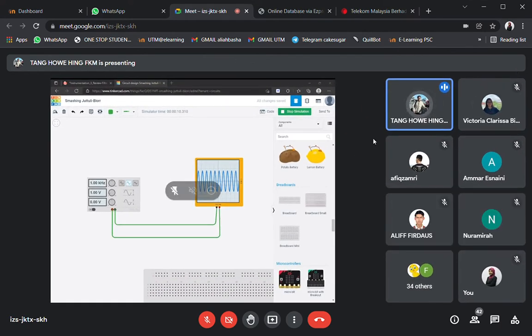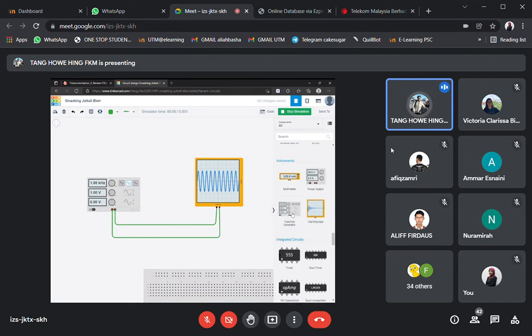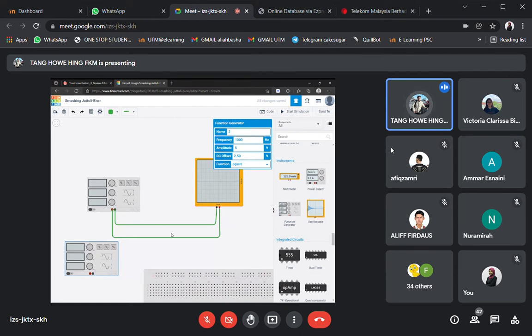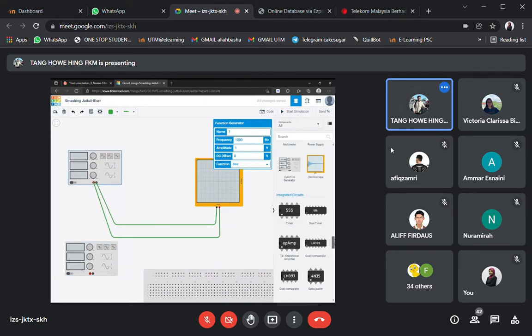So just try it out, play around with this function generator. Now I already obtained this 1 kilohertz, and it has already been shown in the oscilloscope. So now I do the same thing. I get another function generator.